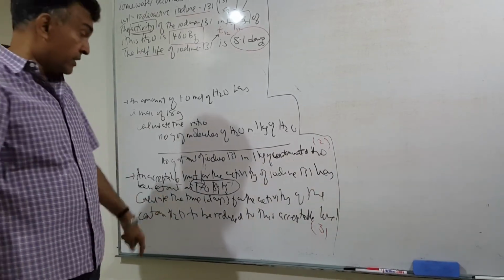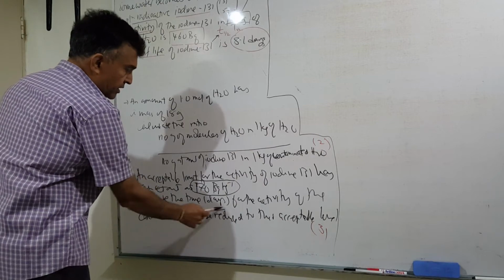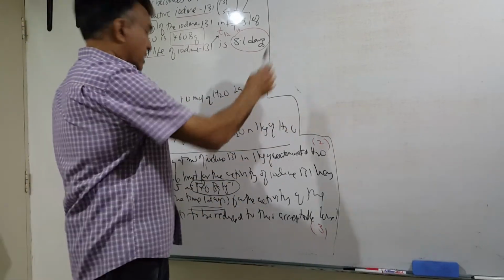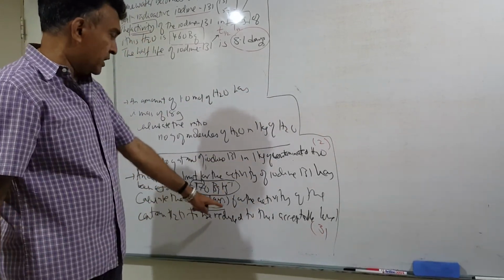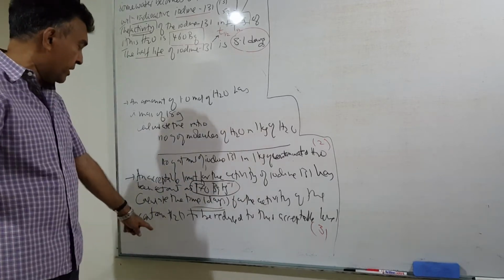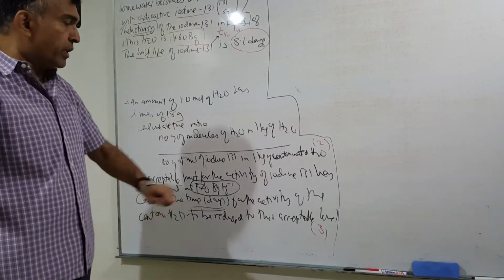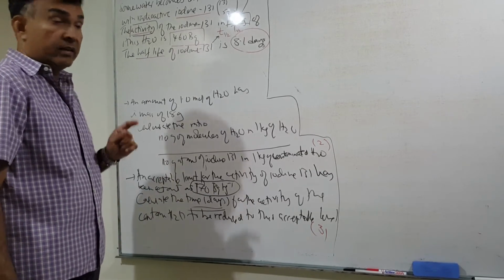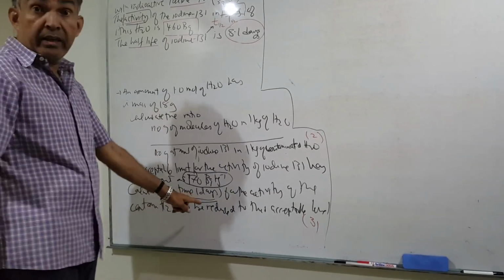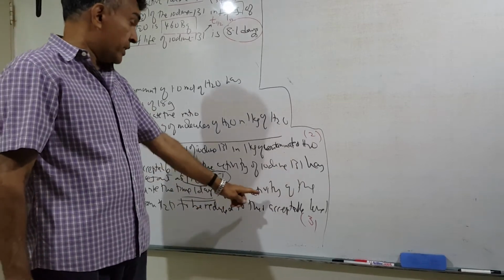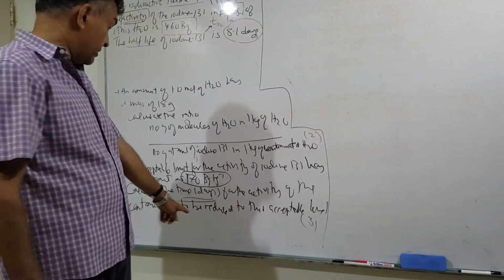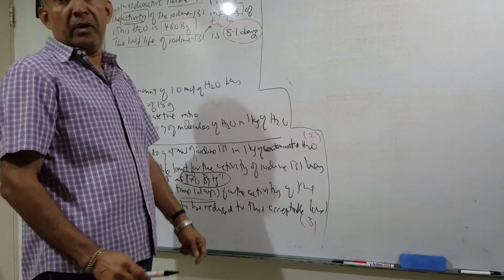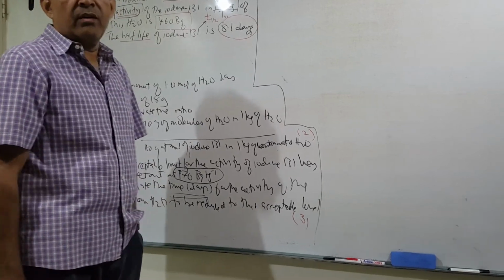That's the acceptable limit. You're asked to calculate the time in days for the activity of the contaminated water to be reduced to this acceptable level. Careful, time in days.